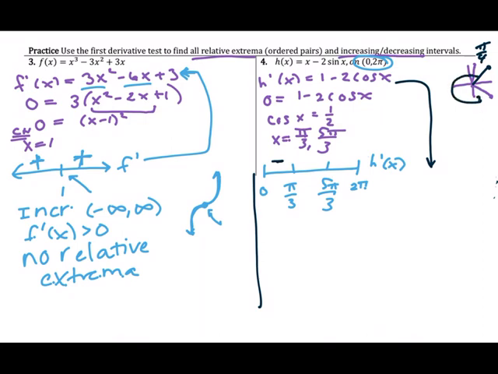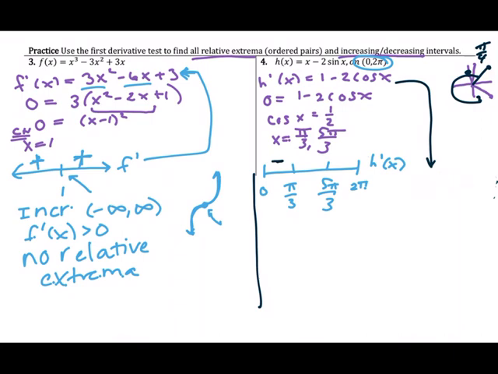Now I want to pick a number somewhere between pi over 3 and 5 pi over 3. And I'm going to pick pi over 2, which is up here, because I know that cosine is 0 there, so that seems like it's going to make my life a little easier if I plug in pi over 2.